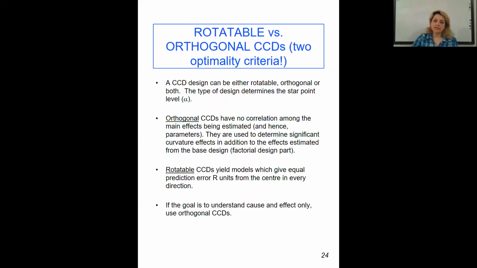If the goal is to understand cause and effect only, we would go with the orthogonal central composite design. If the goal includes prediction, then we would go with the rotatable CCDs. So it depends on which way you want to go; you would choose which one to go with.